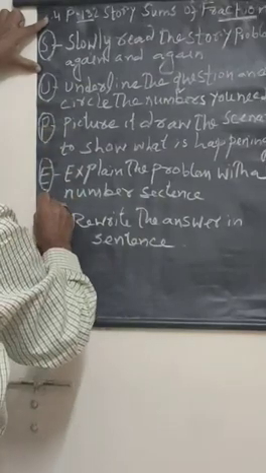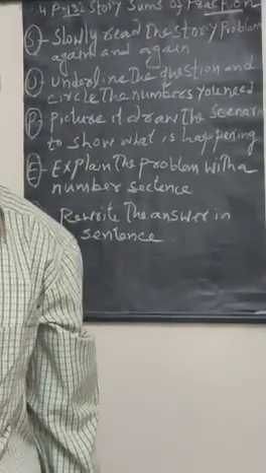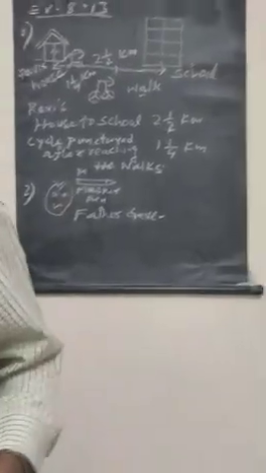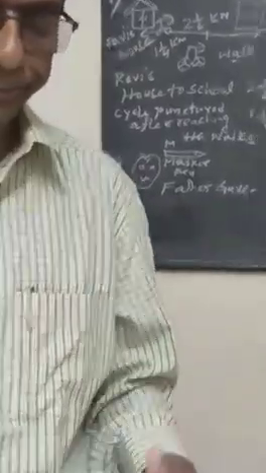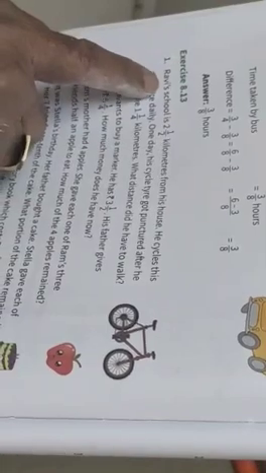We have to follow this formula to do the story sums in every chapter. So students, first of all, I told you to go through the sums again and again. This is your first sum, and read it carefully.